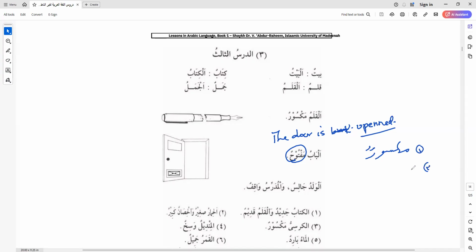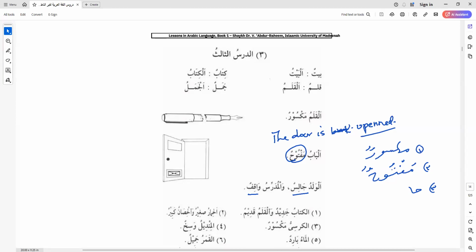We have maftuhun. So if you want to say something is open, you say maftuhun. And then we have jalisun. Al-waladu jalisun. The boy is sitting or seated. Wal-mudarrisu waqifun. So if you are not jalisun, then you are waqifun.